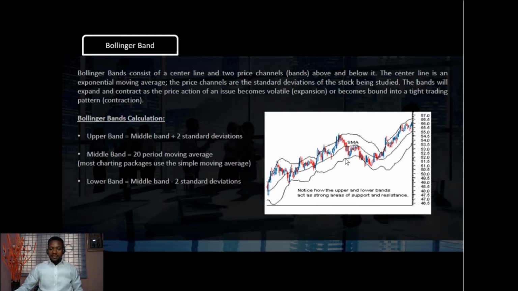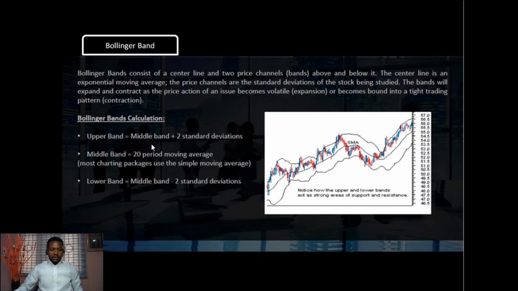The price channels are the standard deviation of the stock being studied, which is the asset we're looking at, and the bands will expand and contract as price action of an issue becomes volatile, and that is expansion, or becomes bound into a tight trading pattern, and that is when it is experiencing a contraction.